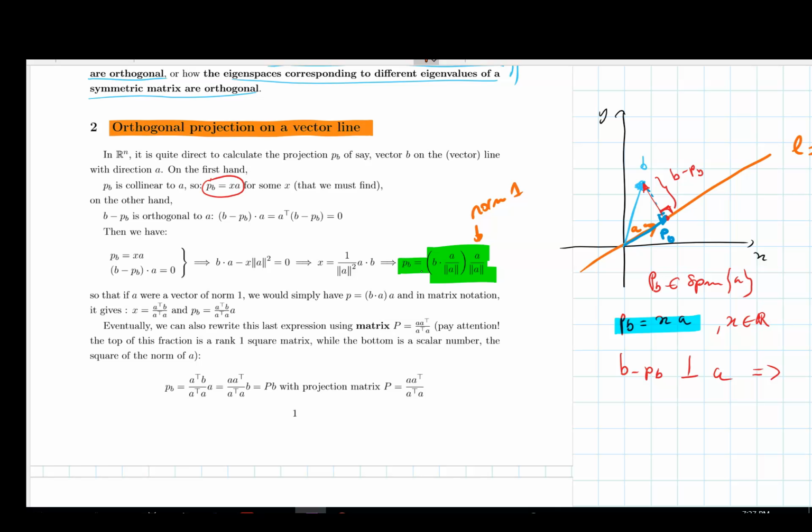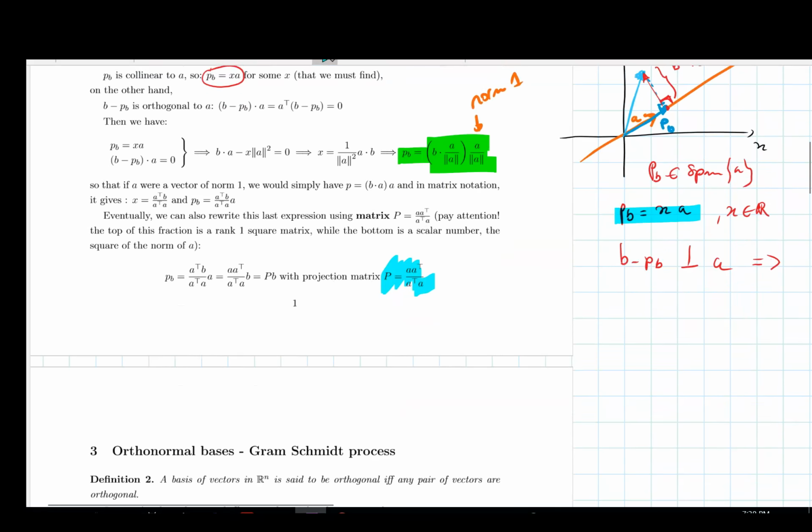So you take the dot product with this norm 1 vector of B and multiply by the norm 1 vector, and you get exactly what you would also find using some geometric reasoning with the cosine and the norm of A, the norm of B description of the dot product. So all the calculations are reminded here, and we can make our projection matrix.